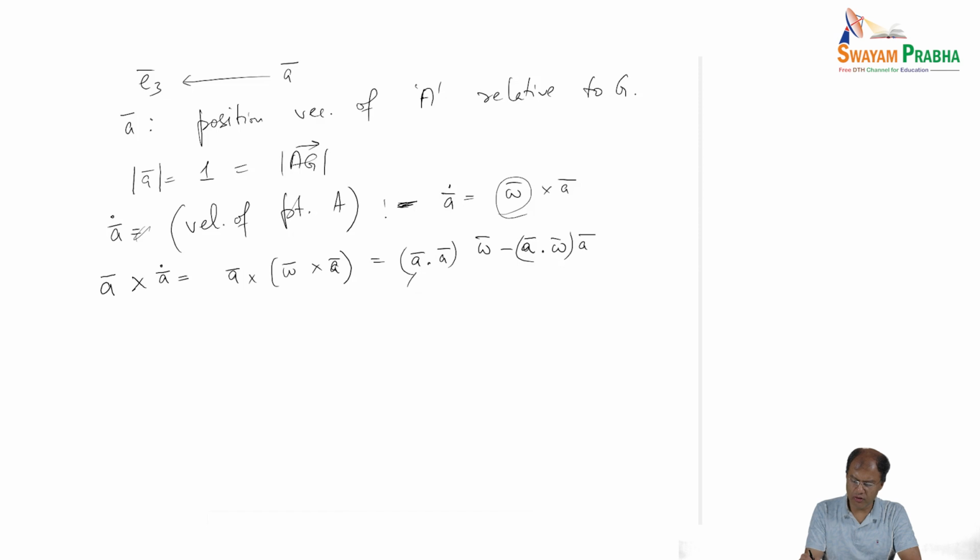We see that A dot A is equal to 1. So we see that this is omega minus A dot omega A, right? So we have that omega is A cross A dot plus lambda A, where we transfer this to the left hand side, where this quantity lambda is A dot omega.